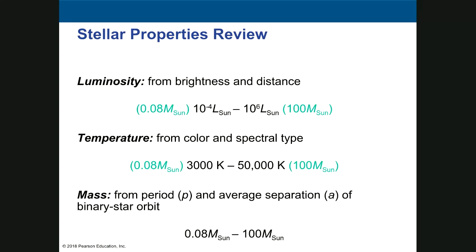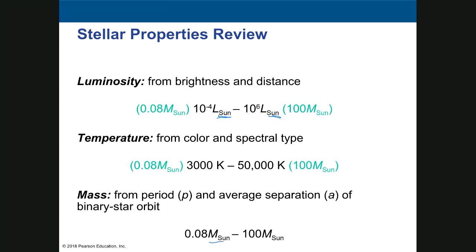So as you can see, the ranges of luminosity, we had then covered temperature and mass, and we found that the luminosity range is quite big. And you'll notice everything is in terms of our sun, right? So that's a fraction of our own star.